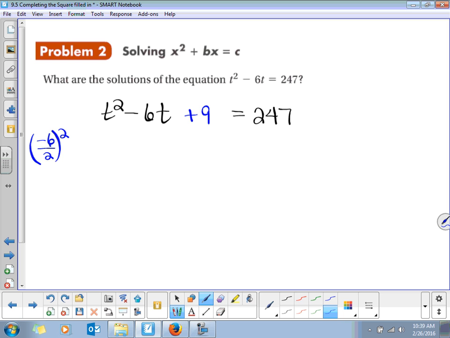And just like with all of our balancing of equations, if I add 9 on one side, I have to add 9 on the other side. So we end up with t squared minus 6t plus 9 equals 256.